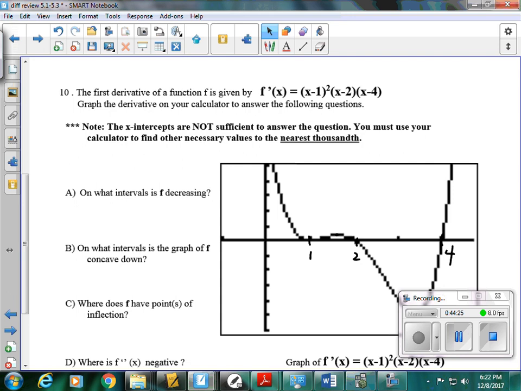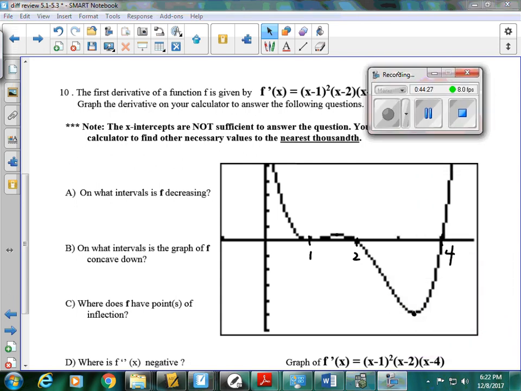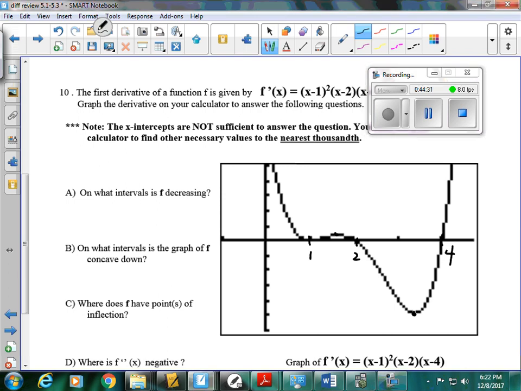So let me just put those on here. This one was 1.634. We don't really need the y coordinate since we're just giving intervals. And over here, the x coordinate is 3.366. Okay, now we can answer the question.